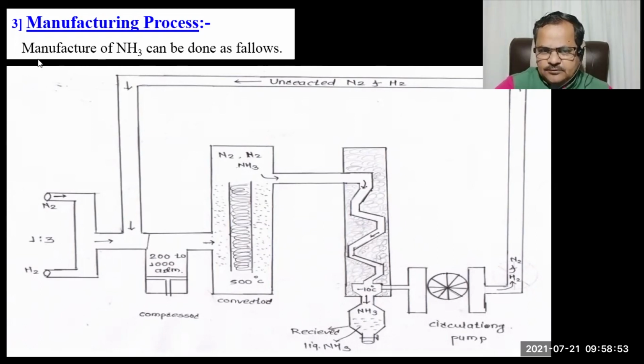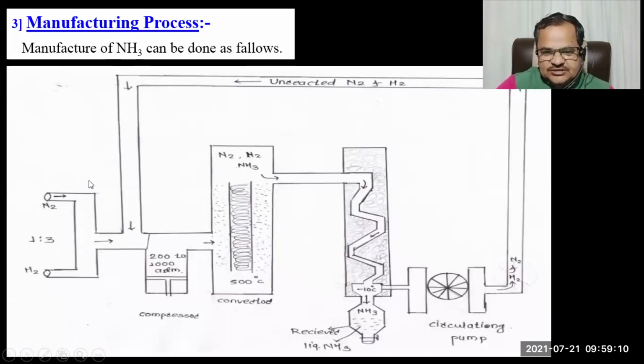So out of those, here the third point is actually how ammonia is manufactured by Haber's process in chemical industries, that we are going to see here.